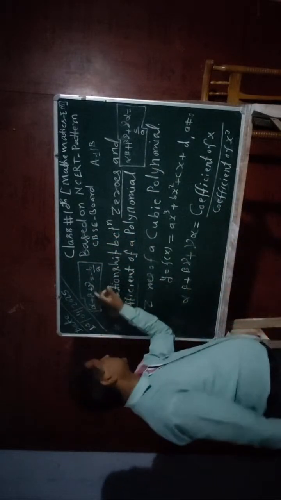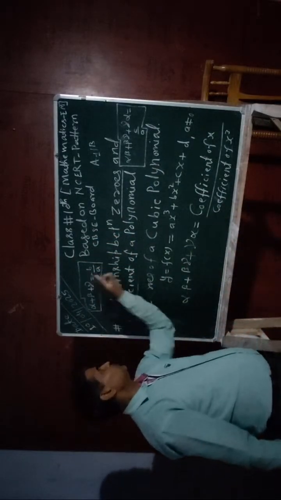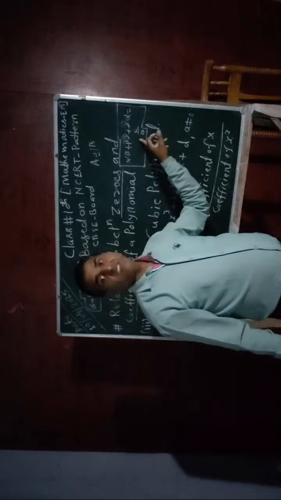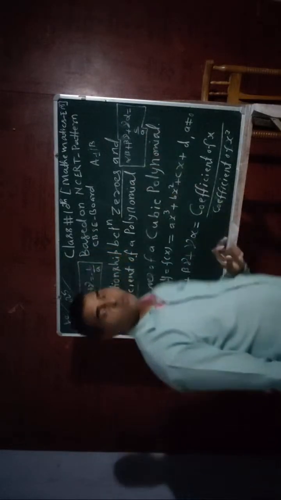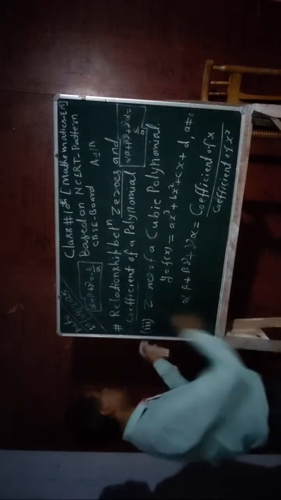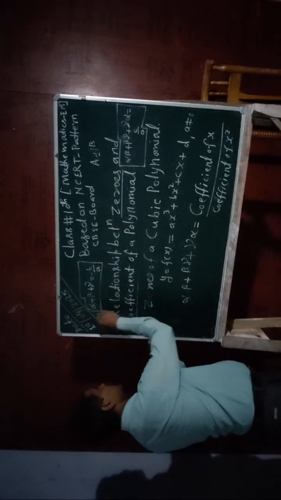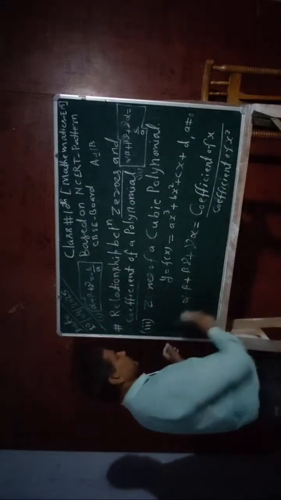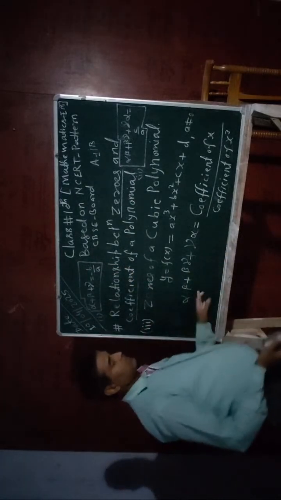So alpha plus beta plus gamma is equal to minus b upon a, and alpha beta plus beta gamma plus gamma alpha is equal to c divided by a. Okay, students. So this is the first piece of information and this is the second. Now I am going to write the third.